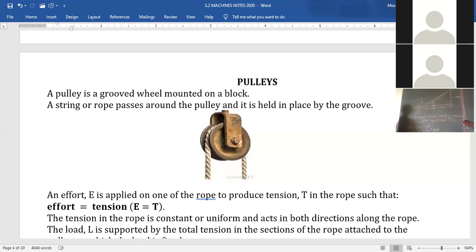Teacher, we can't see those last words written down there. Distances, opposite line of action. The light and the angle that your laptop is placed at, we can't properly see what you're writing. Can you please adjust?